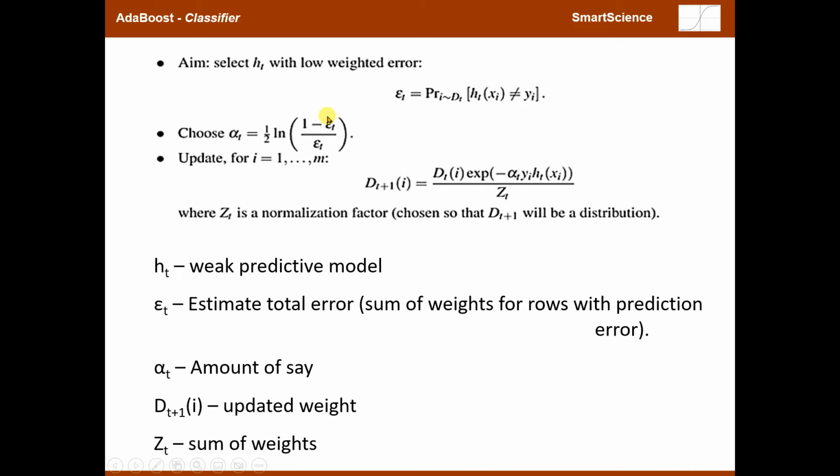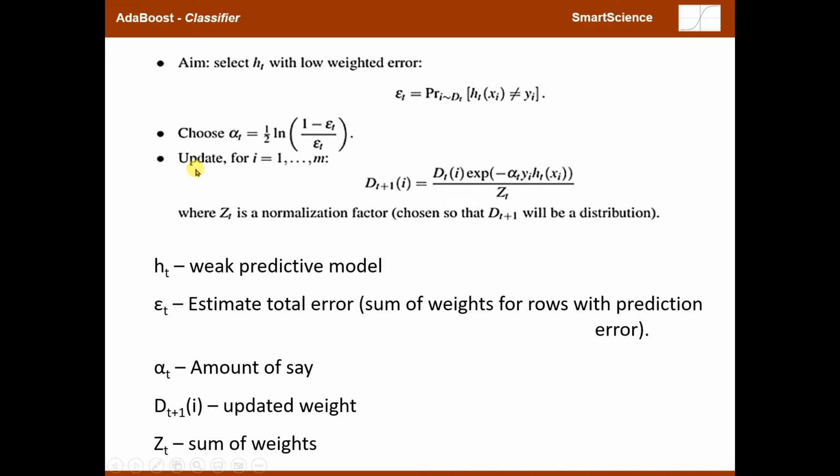So you can see that when the error is large, alpha t will be small, and when the error is small, alpha t will be large. So that is intuitive. So in situations where the error of a model is small, that model should get higher weightage. That is all we are saying.